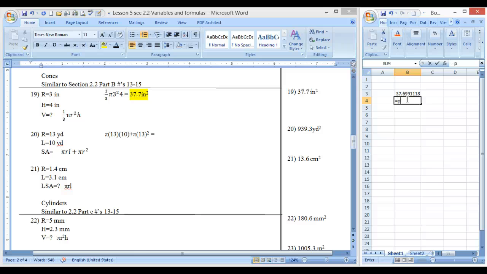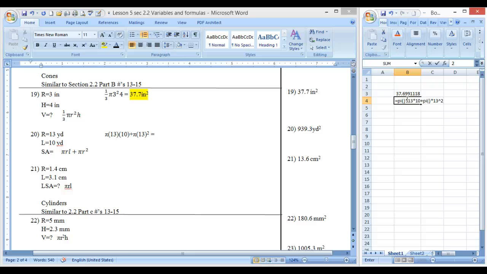So I'm going to do pi, close your parentheses, open and close your parentheses. In Excel, you have to press times 13 times 10 plus pi again, open and close your parentheses, times 13, shift 6 for your caret, squared.